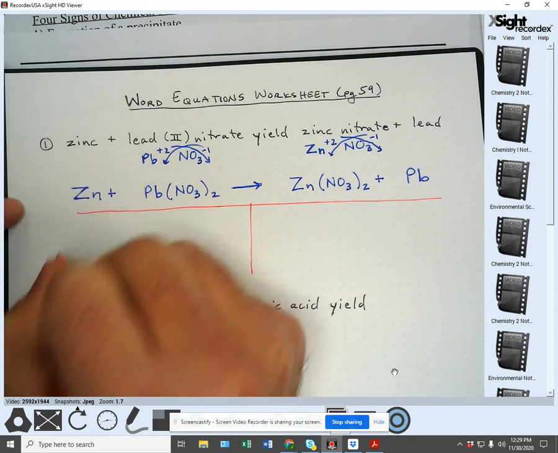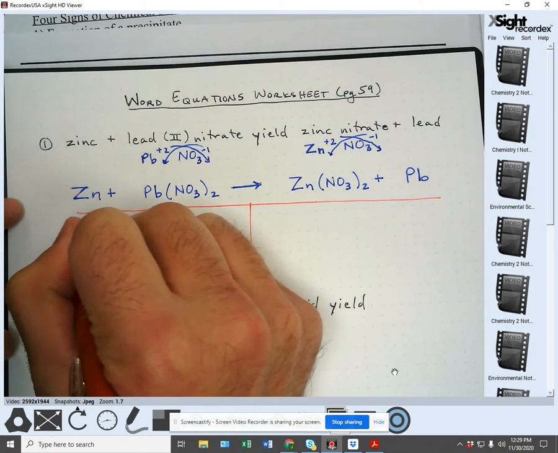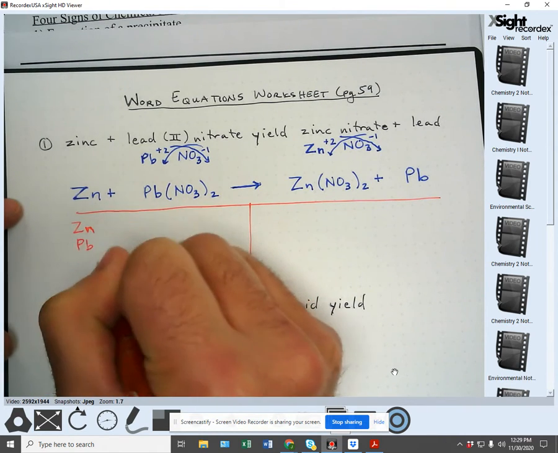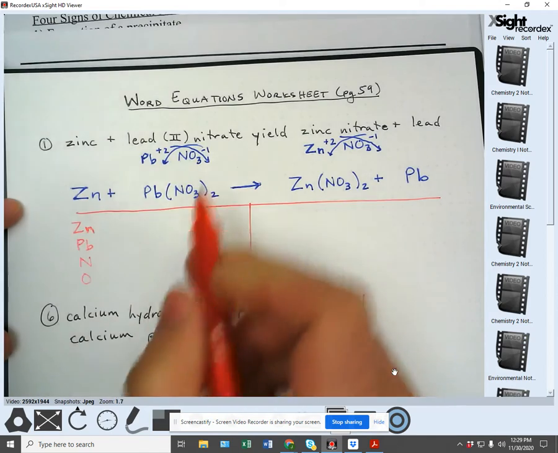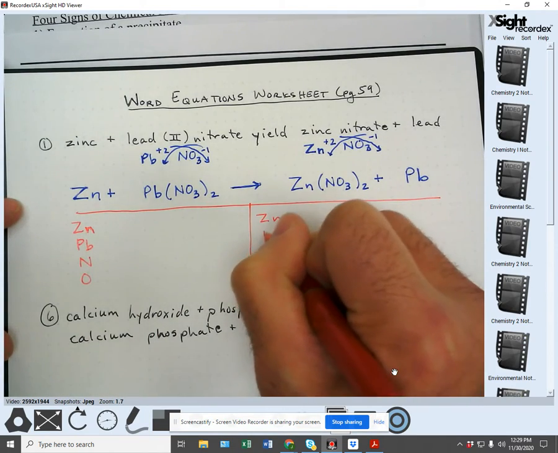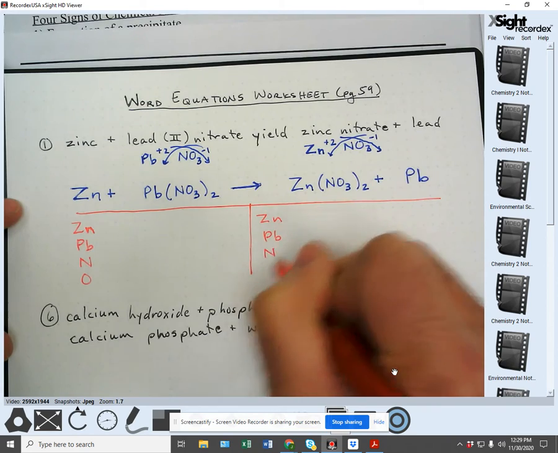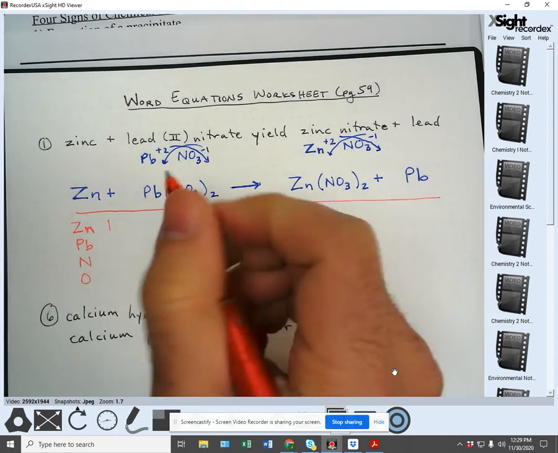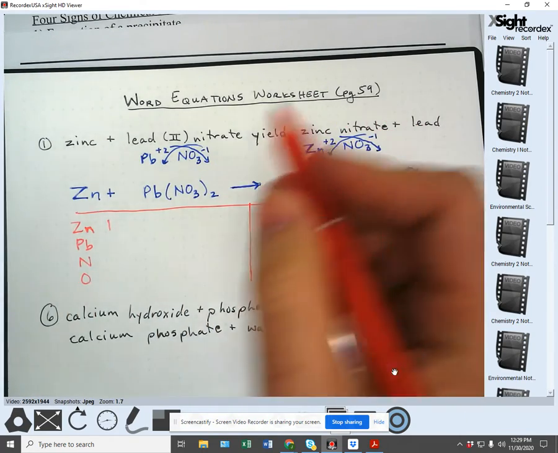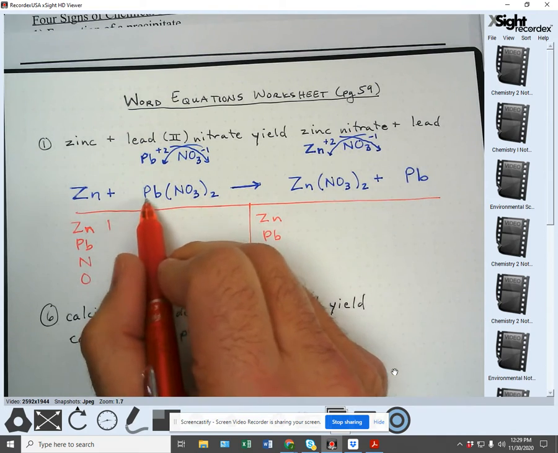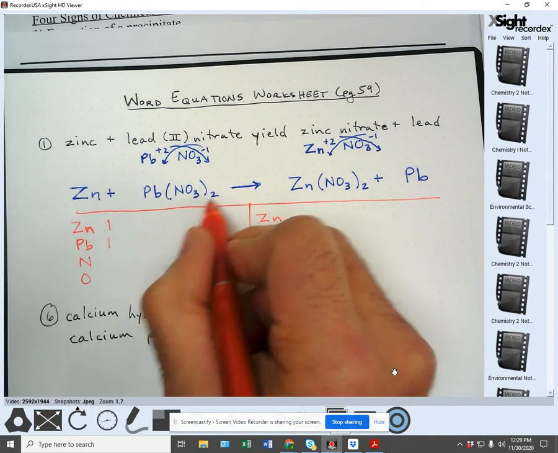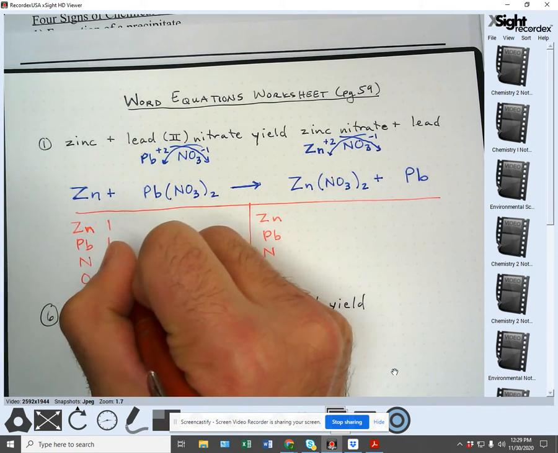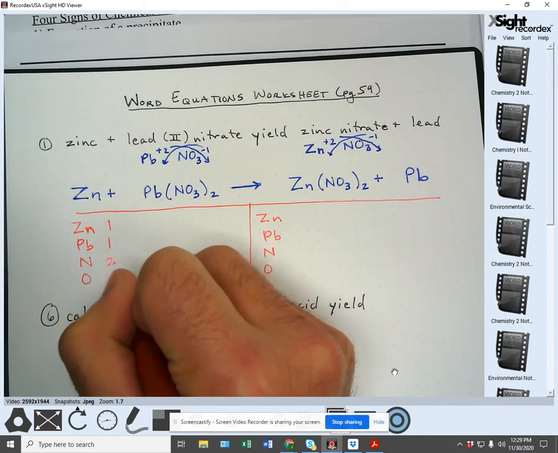We've got Zn, Pb, N, and O. On the left side, we've got 1 zinc, 1 Pb. Now, the 2 goes to both of these, so 2 times 1, I've got 2 nitrogens, and 2 times 3 is 6 oxygens.